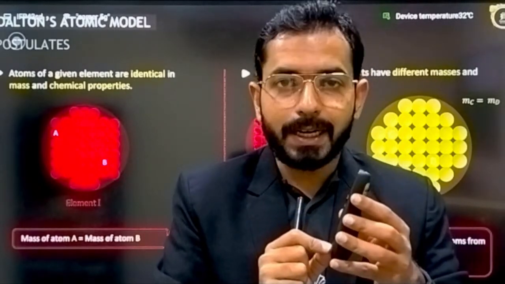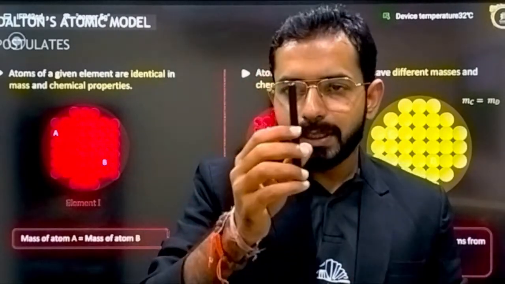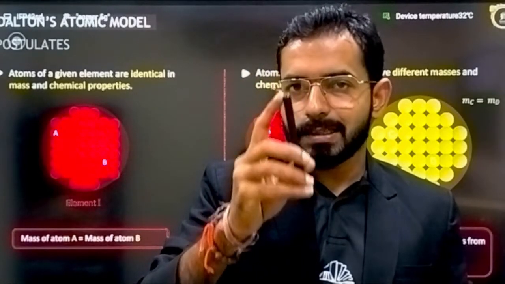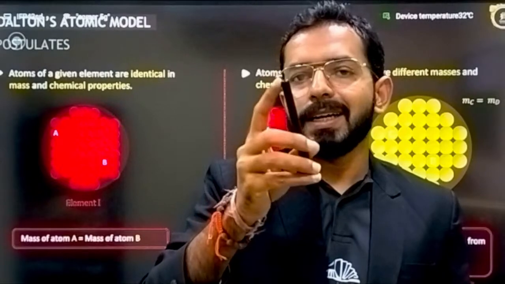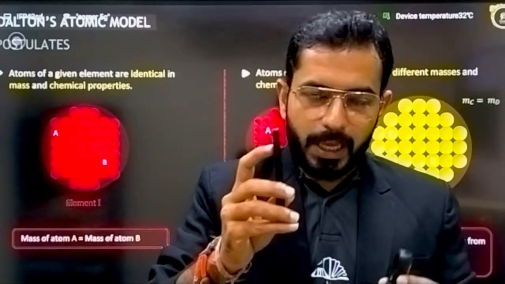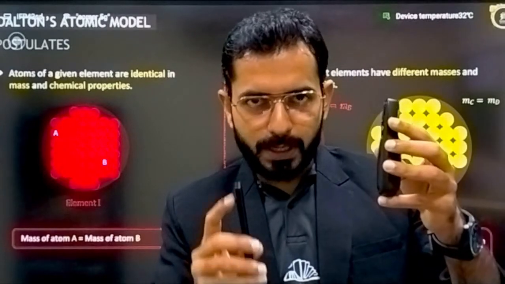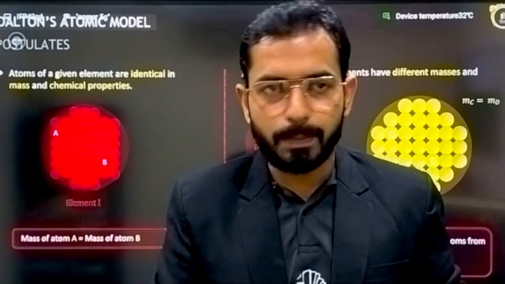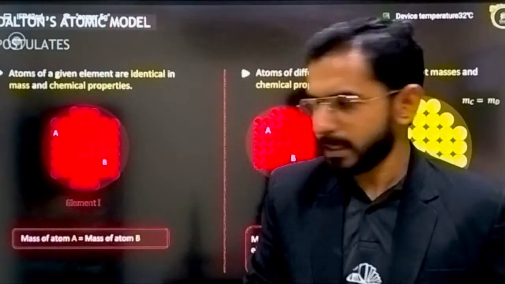They will be completely identical. This will also have a lot of atoms. So one atom of this pen will be identical to all the atoms that are present in this pen. But if I compare the atoms and properties of this body with that body, they will not be the same. They will be different. That is the basic idea.